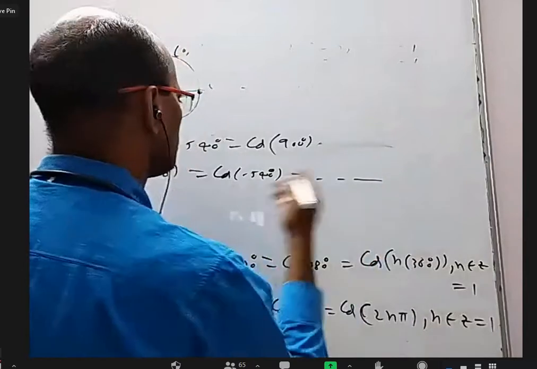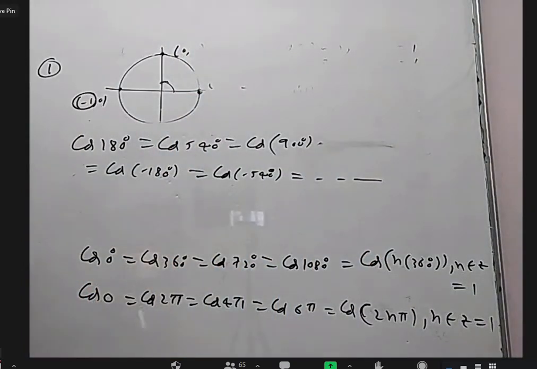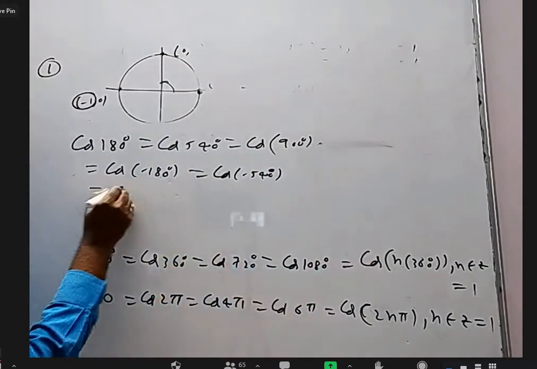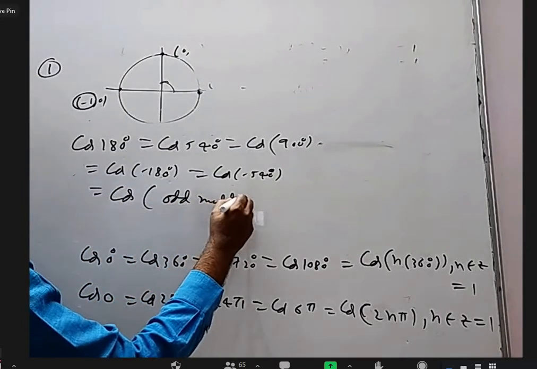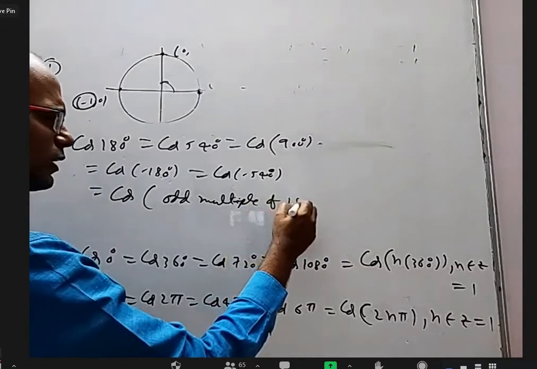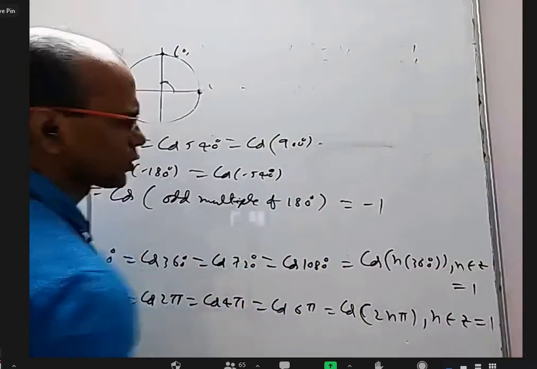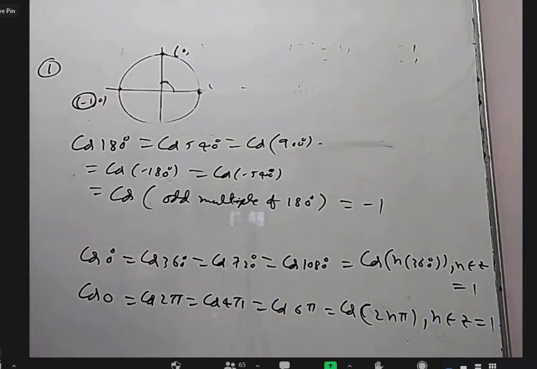I can even write odd multiple of pi. Okay, let me write in words. Cos of odd multiple of 180 degrees is equal to minus 1. You take 180 degrees or 3 times 180, 5 times 180, 7 times 180, minus also. It is always here, x coordinate is minus 1.